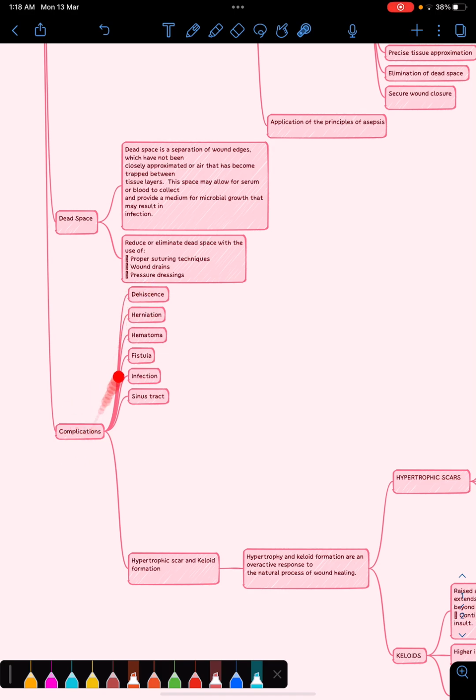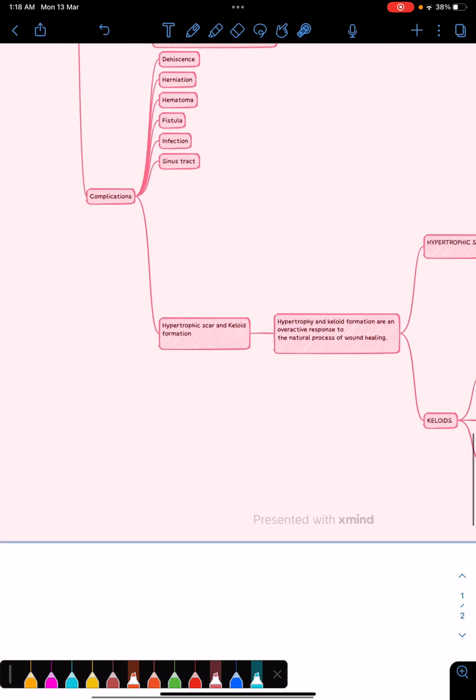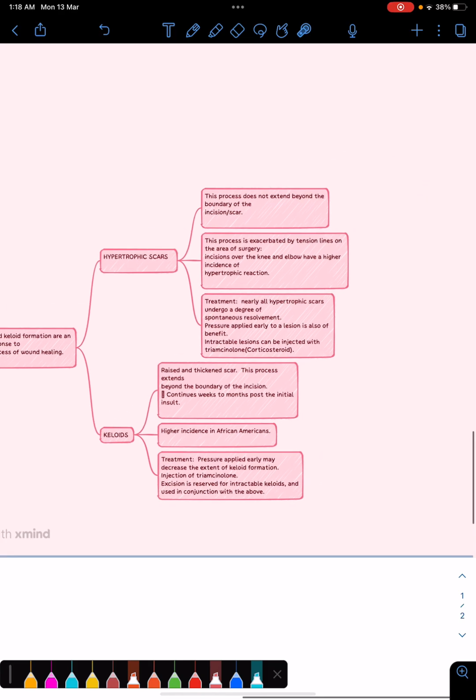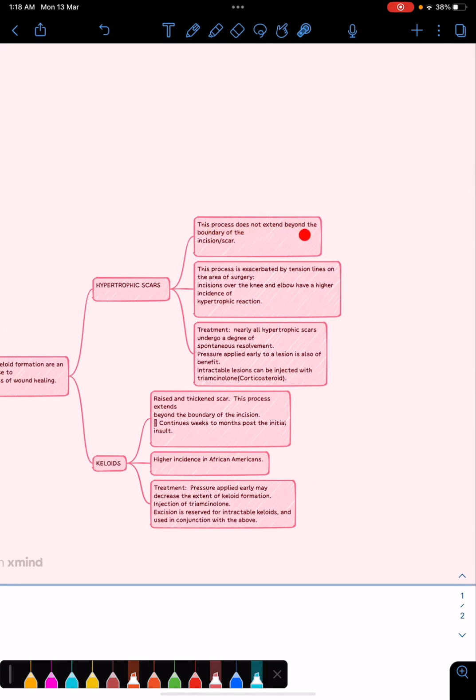So the complications: we have dehiscence, herniation, hematoma, fistula, infection, sinus tract, and the main and important complication of the wound, hypertrophic scar and keloid formation, which are all sorts of scars. So with hypertrophic scars, this process does not extend beyond the boundary of the incision or the scar.